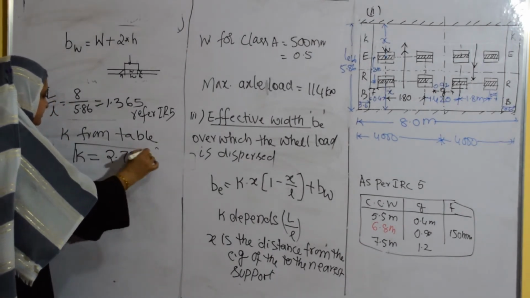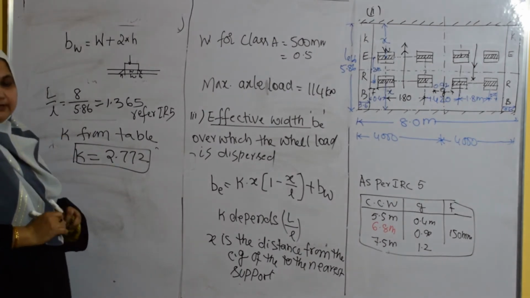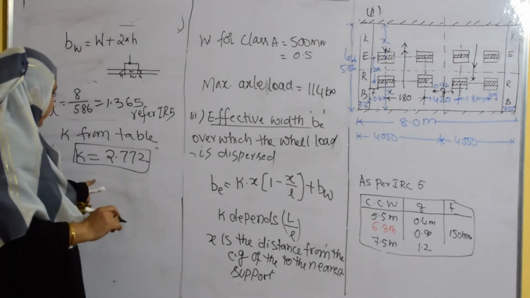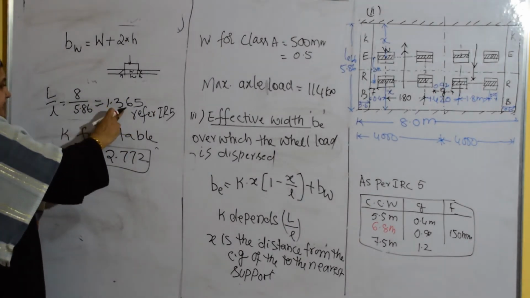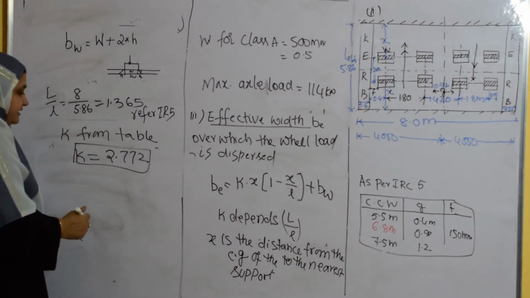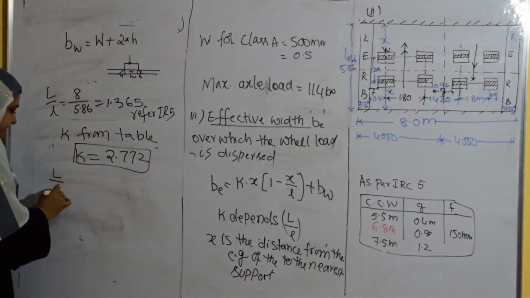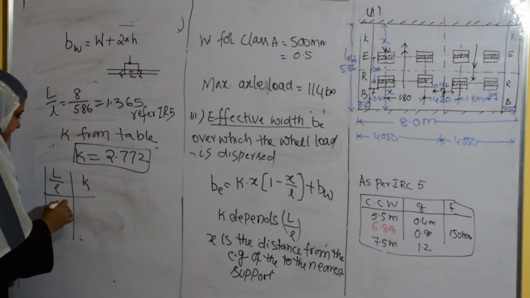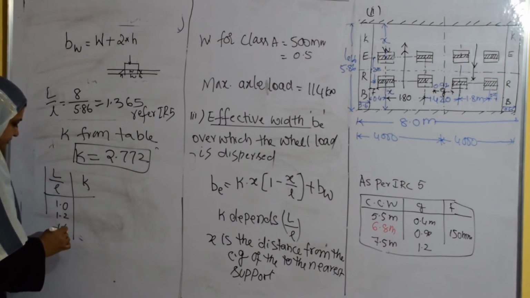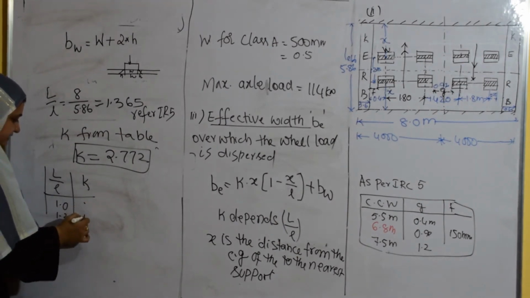If you refer to the code, you will get it. So 2.772 from the table of IRC 5. For this L by l value, K is given. If you see the table, there will be L by l and there will be the K value. For 1, 1.2, 1.4, 1.6, K values are given.